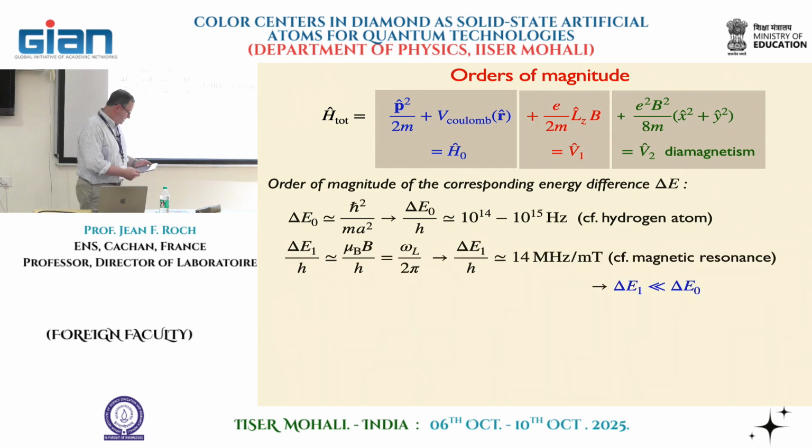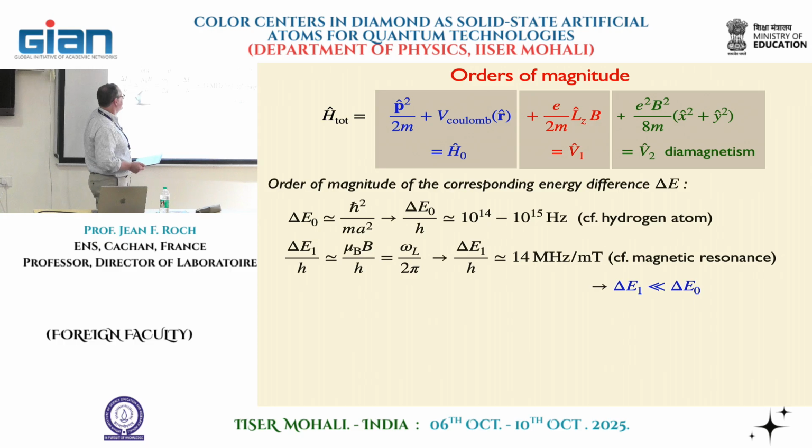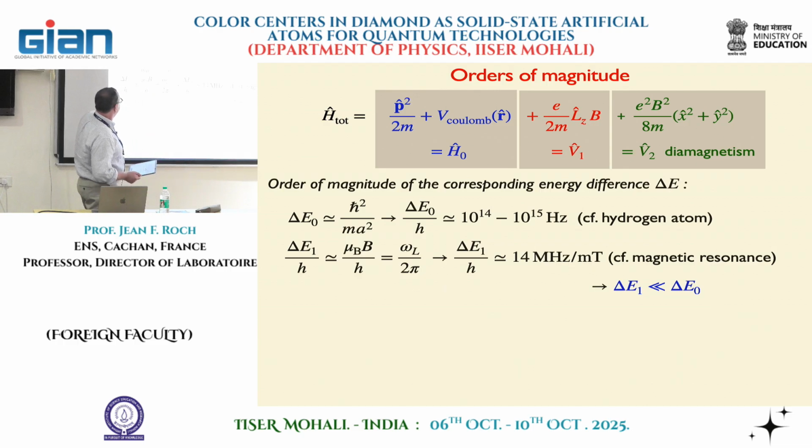If I take into account the order of magnitude of this term, it would lead to differences of energy of the order of mu B times h, which, depending on the usual magnetic field that can be applied, and we will come back to that, are smaller than the frequency differences associated to the Hamiltonian of the atom in vacuum.